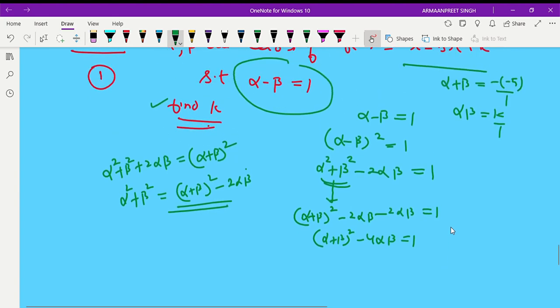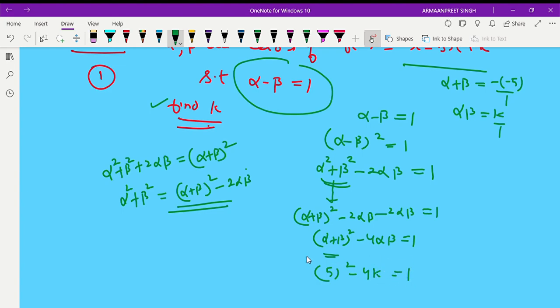Always remember, if any expression is there in any form, you have to express it in terms of alpha plus beta and alpha beta. So put the value of alpha plus beta, which is 5. So 5 square minus 4 times alpha beta, which is k, is equal to 1.